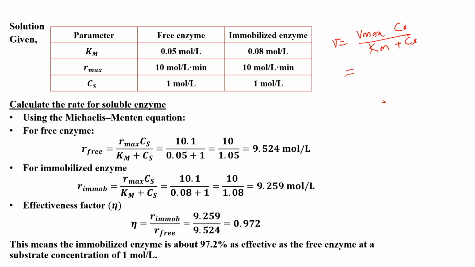In the case of free enzyme, what was the value of V max? 10 mole per liter per minute, concentration Cs is 1. What was the value of Km? 0.05 plus Cs 1. So, we will get the rate as 9.524 mole per liter.